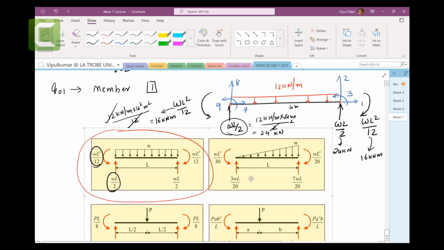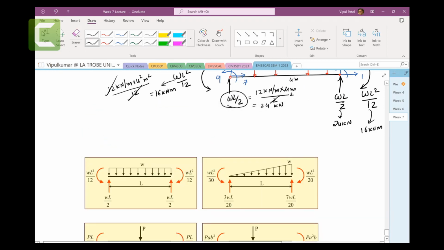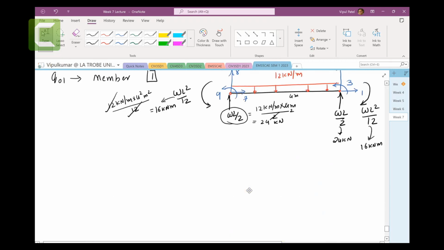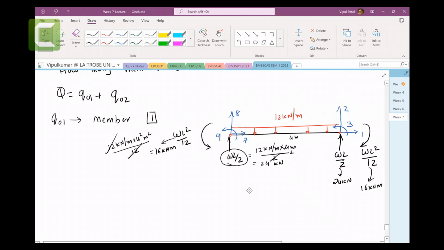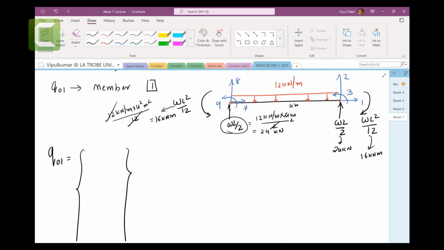Do you have any questions there? No questions? So I can write Q01 equal to, for these frames, we would always have 6 rows and 1 column.